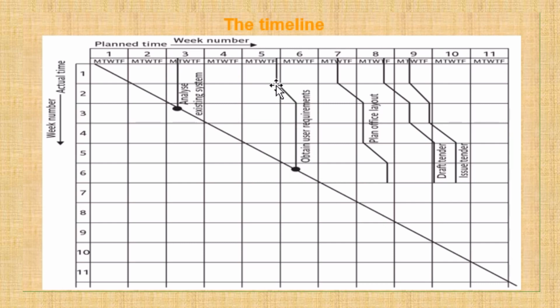So this means this is the delay. This timeline actually shows me what my actual time is. My actual time here you can see is the 6th week, but we had to complete it in the 5th week. So this is another way of monitoring.